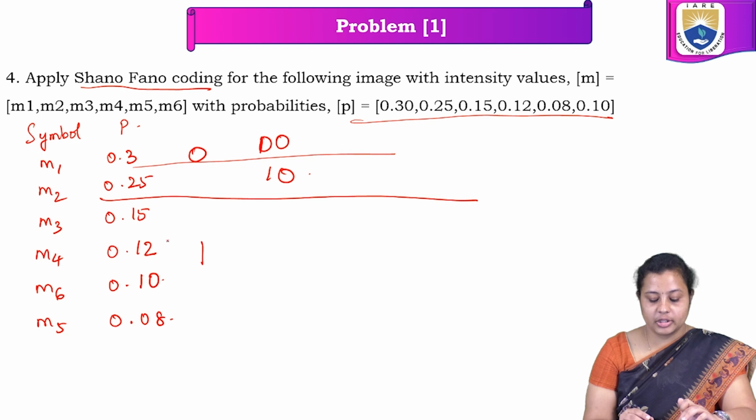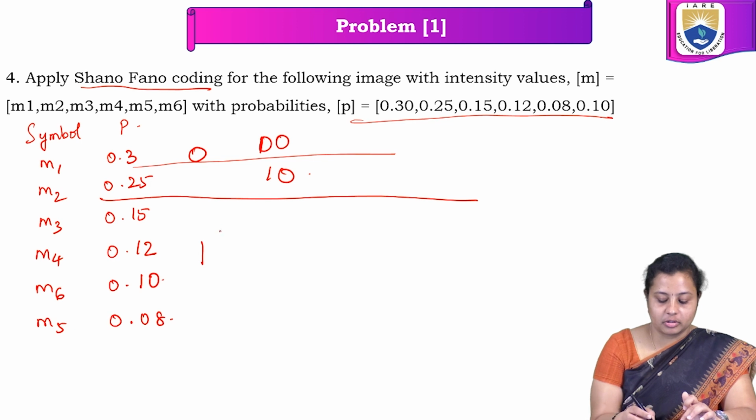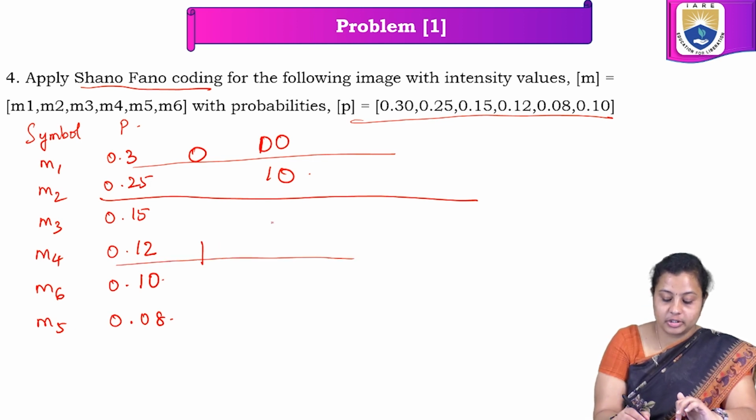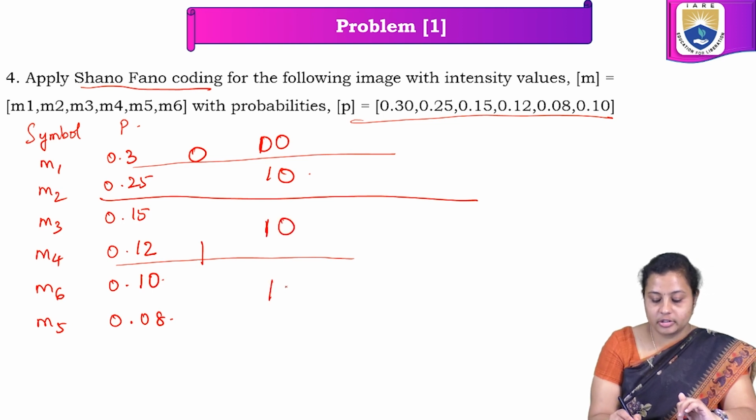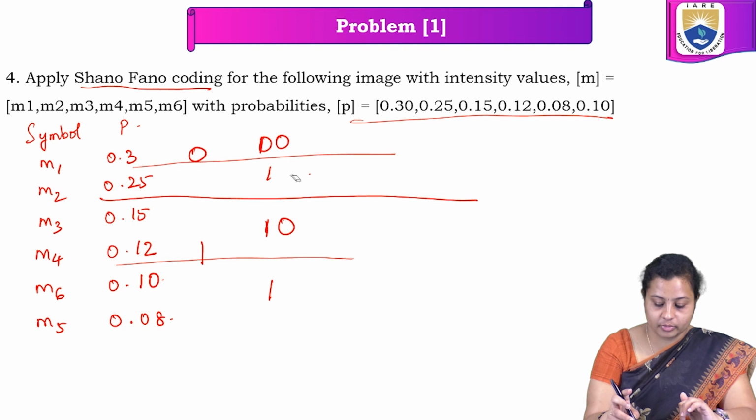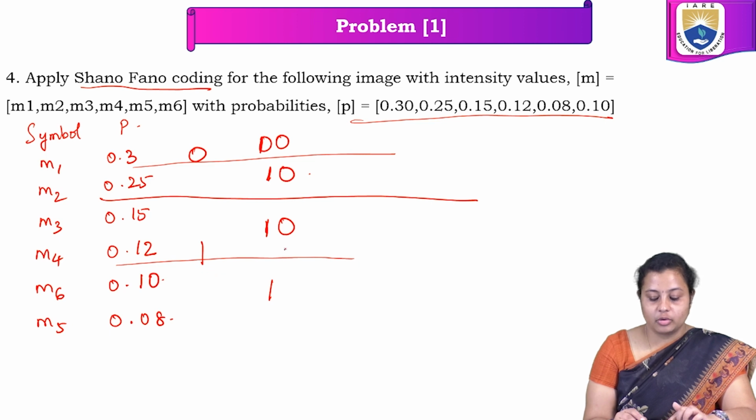So how do I do it? 0.15, 0.12, 0.18. If I do it, this is equal to 0.27 and 0.18. So instead of that, I can divide it in this form. This I write as 1, 0, and this is 1, 1.